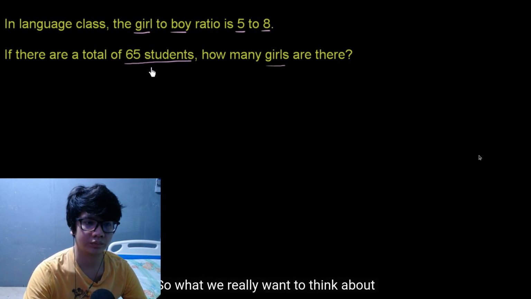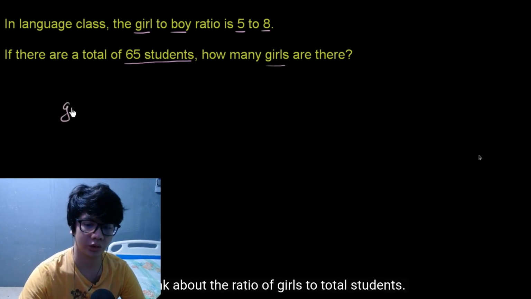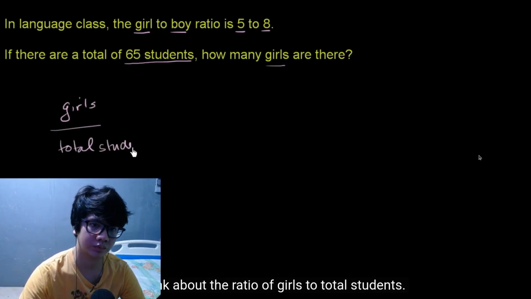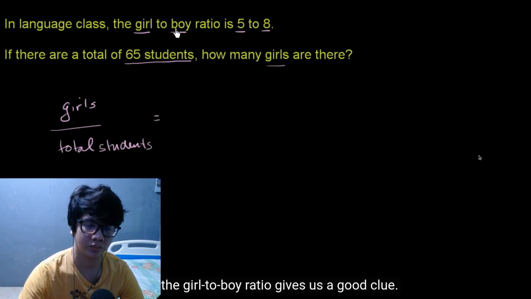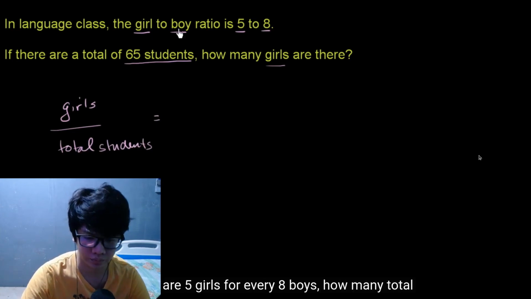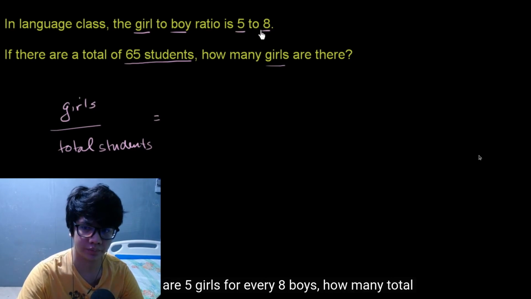So what we really want to think about is not just the ratio of girls to boys. We want to think about the ratio of girls to total students. So how can we figure out what this ratio is going to be? Well, the girl to boy ratio gives us a good clue. If there's 5 girls for every 8 boys, how many total students are there going to be for every 5 girls?